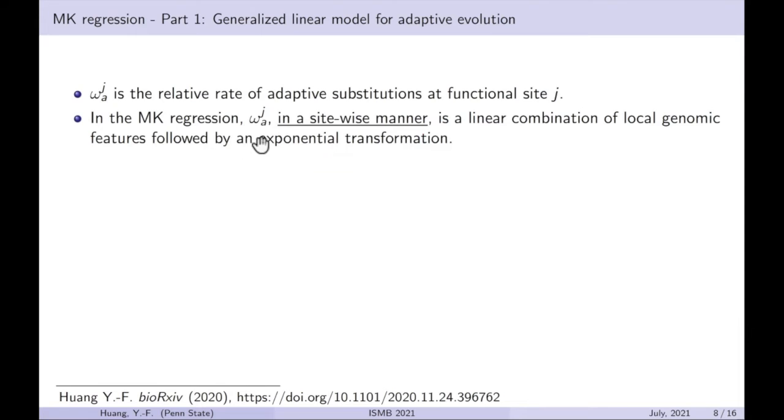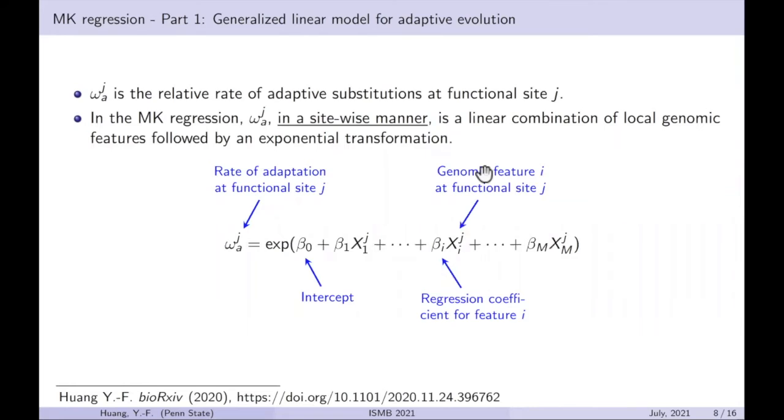In the MK regression, we assume omega A in a site-wise manner is a linear combination of local genomic features followed by an exponential transformation, which basically means that we assume the rate of adaptation at a functional site J is a linear combination of genomic features followed by an exponential transformation here. And the key is that we have regression coefficient beta for each genomic feature, okay? So this part of the model links genomic features to the rate of adaptation at a site.